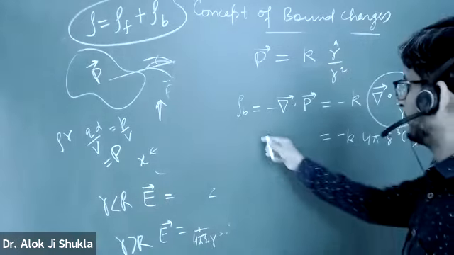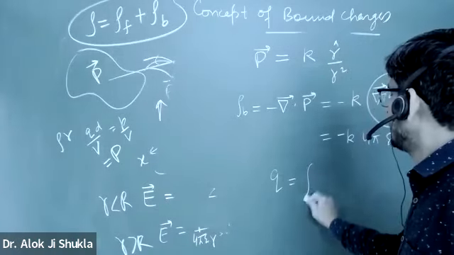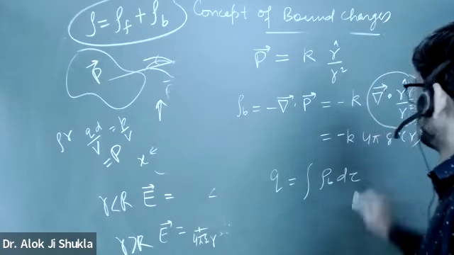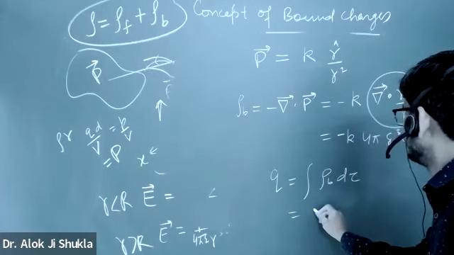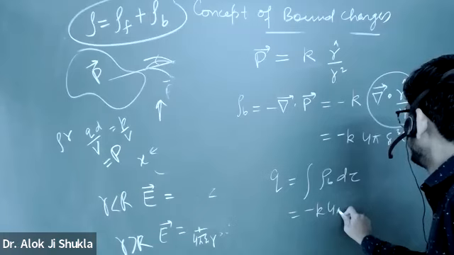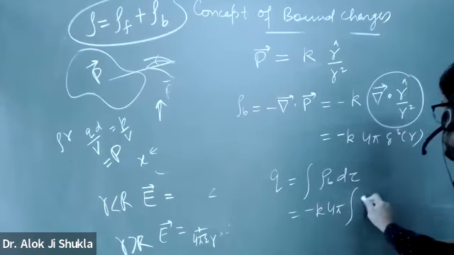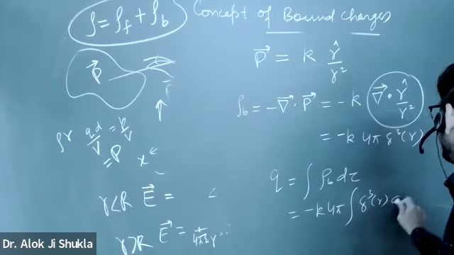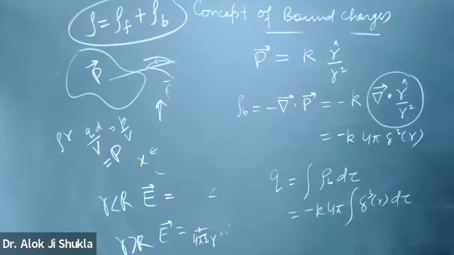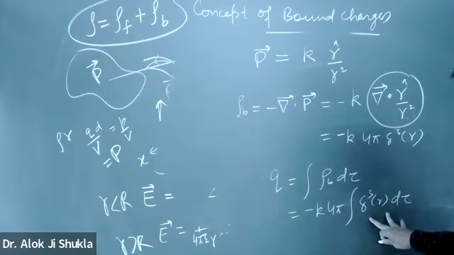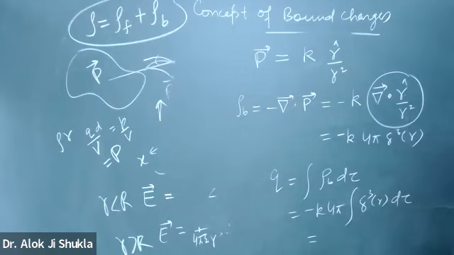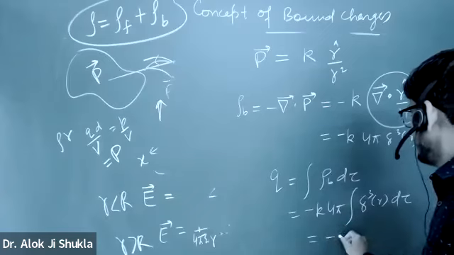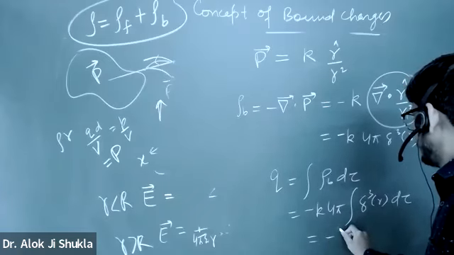This charge density is like this. If you want to get the total charge, it will be integral of rho b d tau. So it will be minus k 4 pi integral of delta cube r d tau, and this will be 1, so it will be minus 4 pi k.